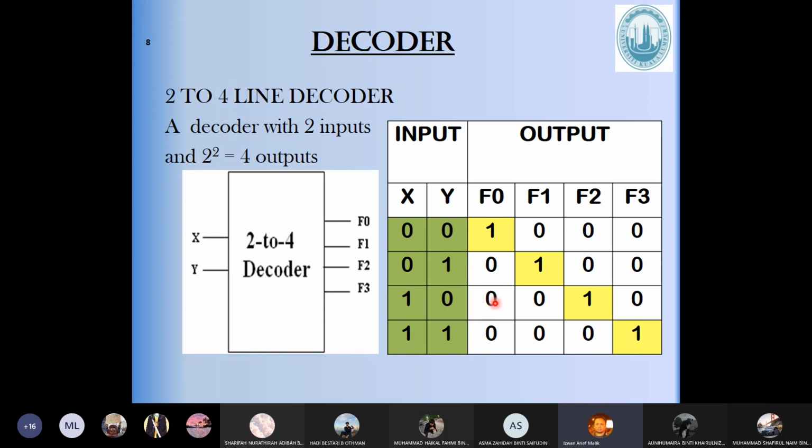That is not classified as a decoder. In a decoder, only one of the outputs corresponds to one possibility of inputs. Okay, so it must form a staircase pattern, either descending or ascending. It doesn't matter, no problem, as long as there is no overlapping.